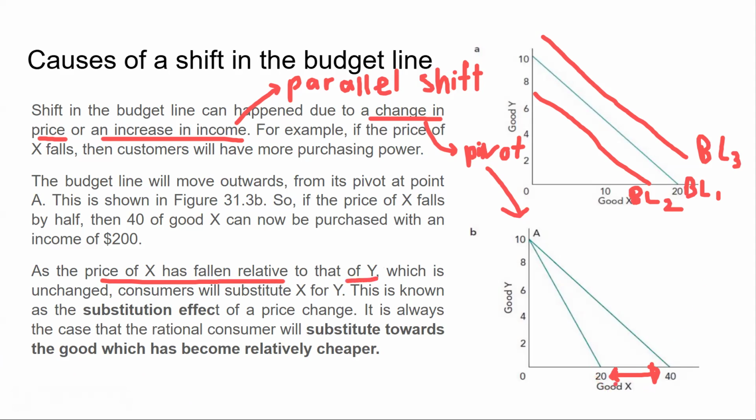That means they will be purchasing more of X. Instead of 20, they will purchase 40 because X is cheaper.